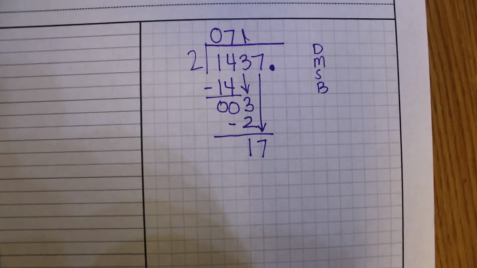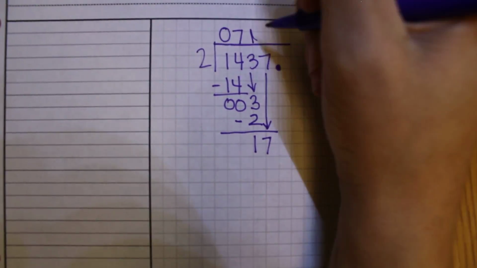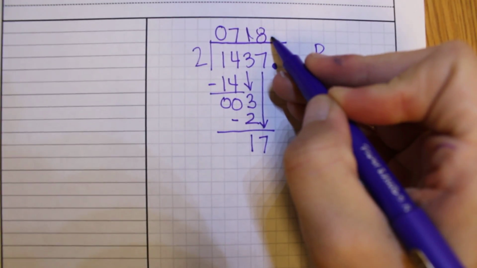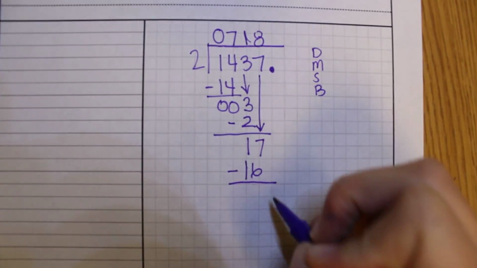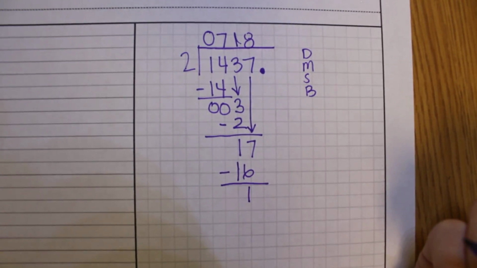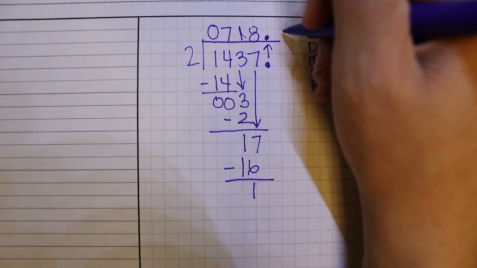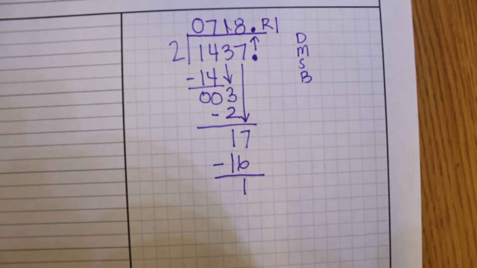How many groups of 2 can I fit into 17? I can only fit 8 groups into 17. 2 multiplied by 8 is 16. And I get 1 left over. Now I'm going to bump up my decimal, and I know I have a remainder of 1.